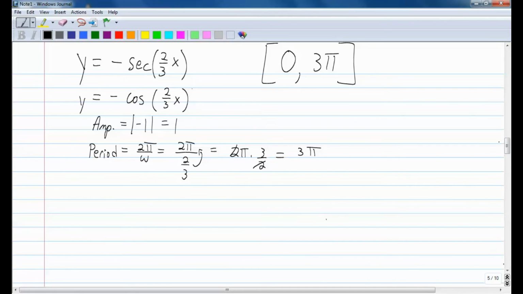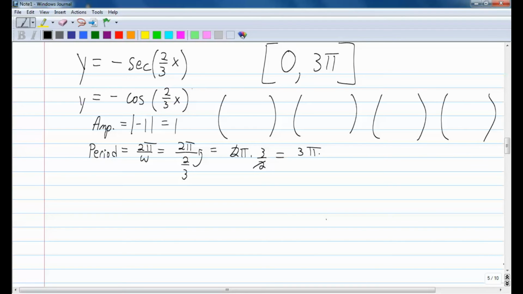I need to figure out the 4 subintervals of this graph so that I can figure out significant points. Significant points or key points are places where we're going to have high points and low points and cross the x-axis. To do that, you take the period and divide by 4 first.